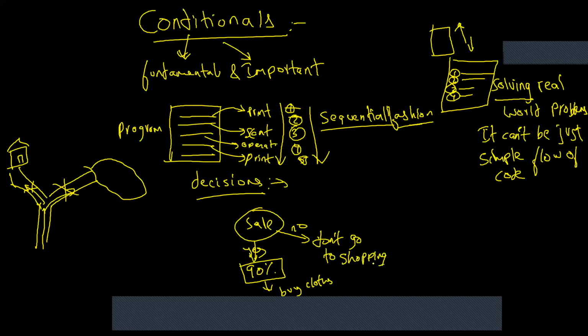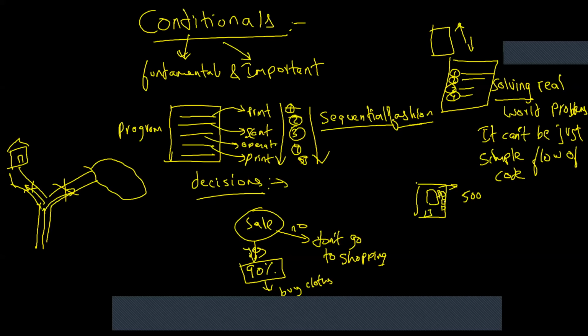If an ATM machine is working and you say withdraw 5,000, the machine checks your balance and says you only have 500 rupees, how can you withdraw 5,000? It'll just print a bill saying not enough balance, right?